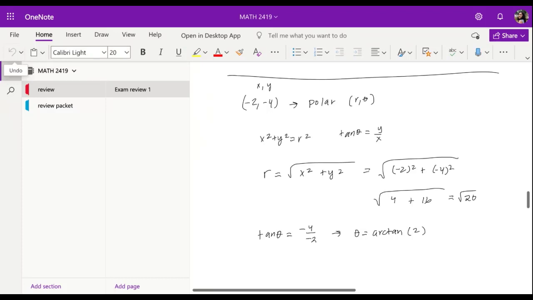So our final answer in polar form is the square root of 20, comma, pi plus arctan 2.